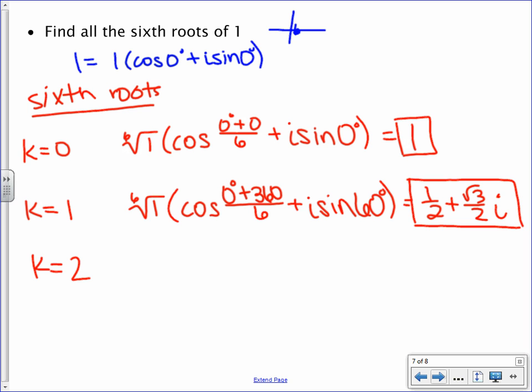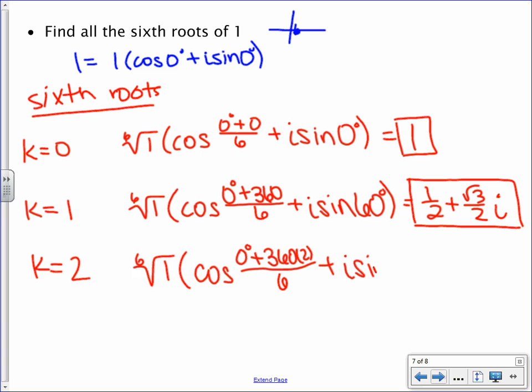Let's talk about k equals 2. Okay, now k is 2, so we have our angle plus 360 times 2 over 6, which makes our angle what? 120?